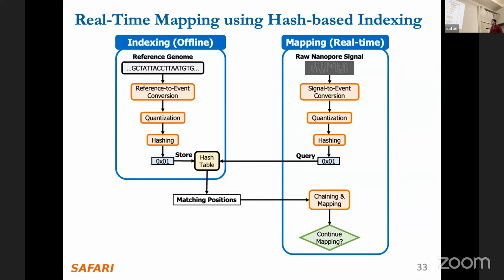Based on this information generated in real time, we continuously ask the question: should we continue mapping or not? If the answer is yes, we simply retrieve the next chunk of data generated in real time and do all of these steps again.